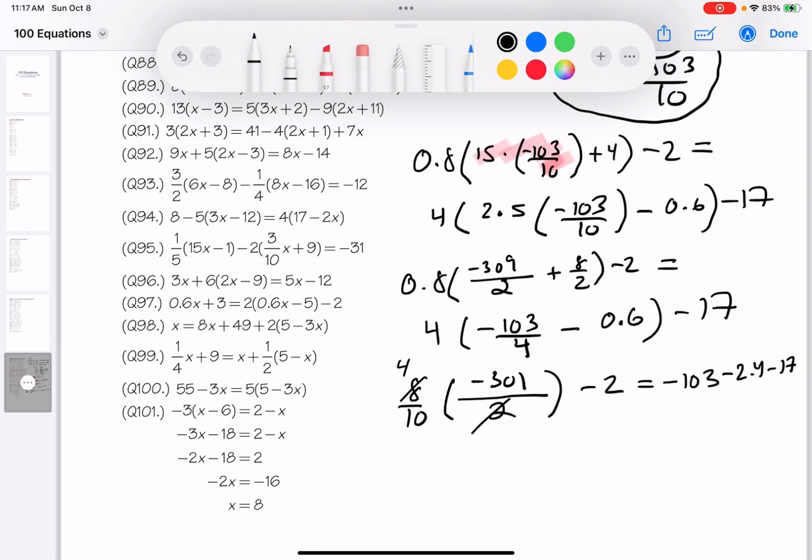All right? And I'm looking at that. I think I want to go further with it. And I'm going to do it by reducing it. 2 and a 5. And 2 times minus 301 is minus 1505.